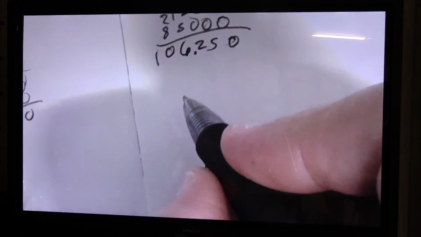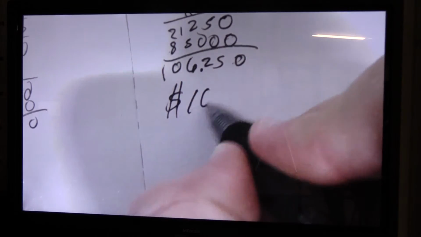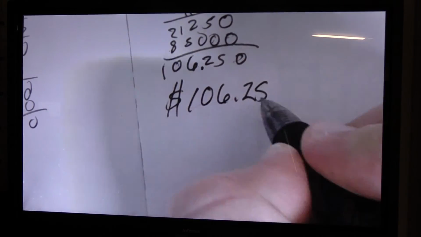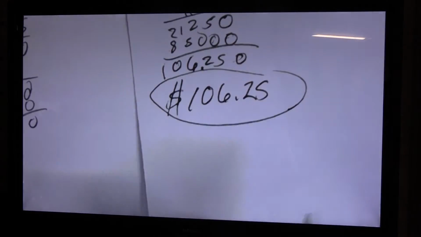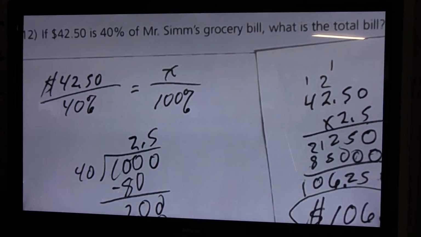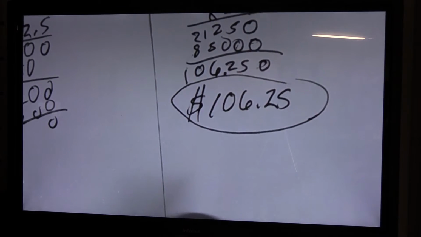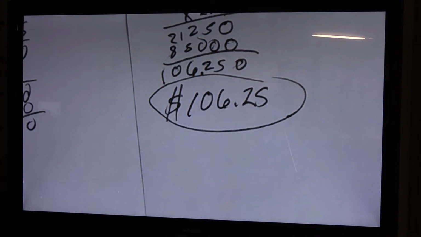That's 106.250, and when I make that money, that's $106.25. So I can say that if 40% of the total bill is $42.50, then the total bill must have been $106.25.